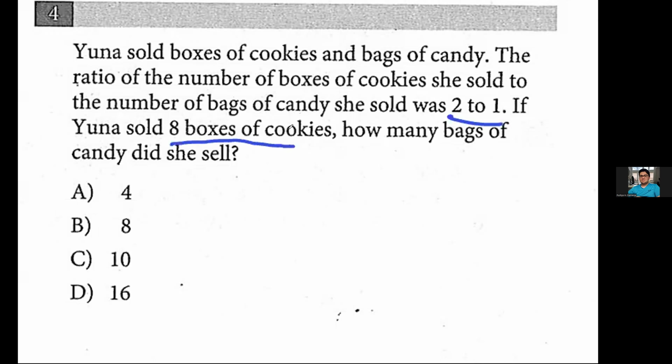She sold 8 boxes of cookies, so the ratio is boxes of cookies to bags of candy. So 2 is boxes of cookies and 1 is bags of candy. So 8 becomes 2, so that means you just divide by 4. So that means this 1 would become a 4. So the correct answer is answer choice A. If she sold 8 boxes of cookies, then she had to sell half that amount of bags of candy.